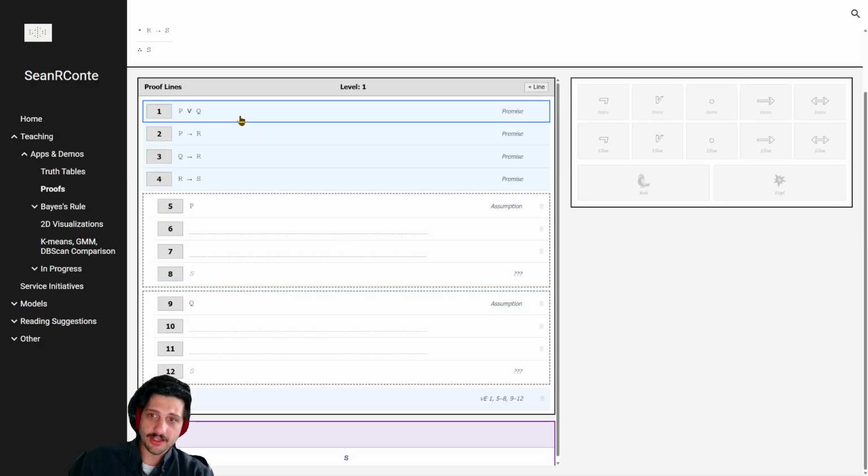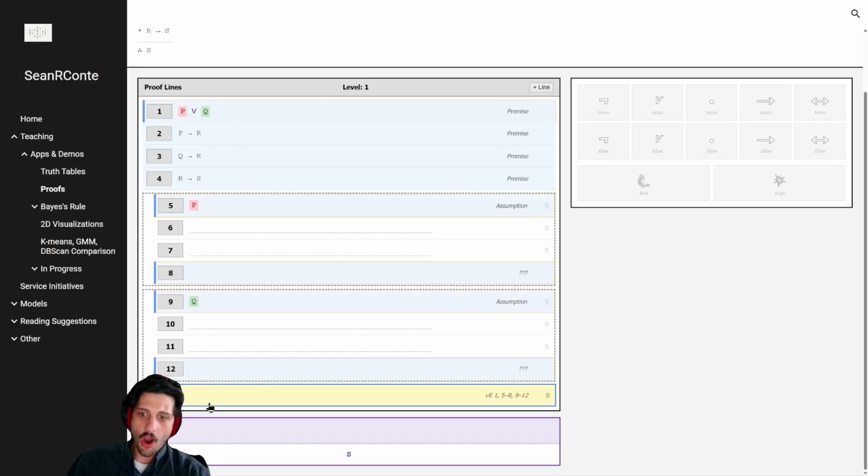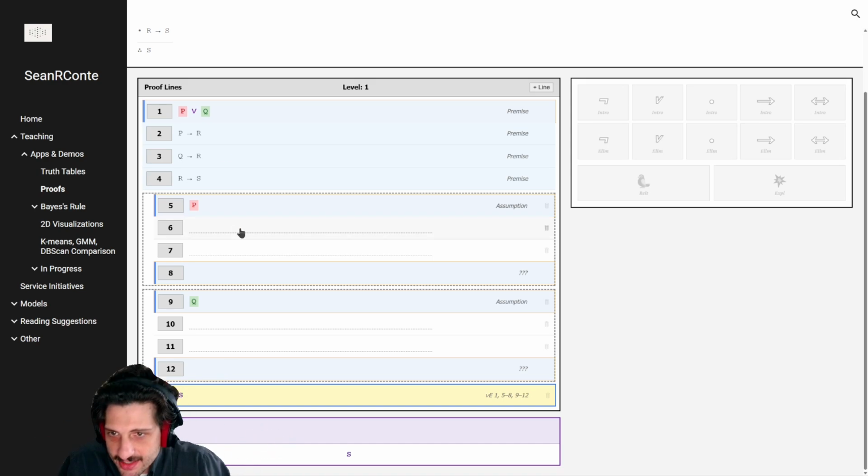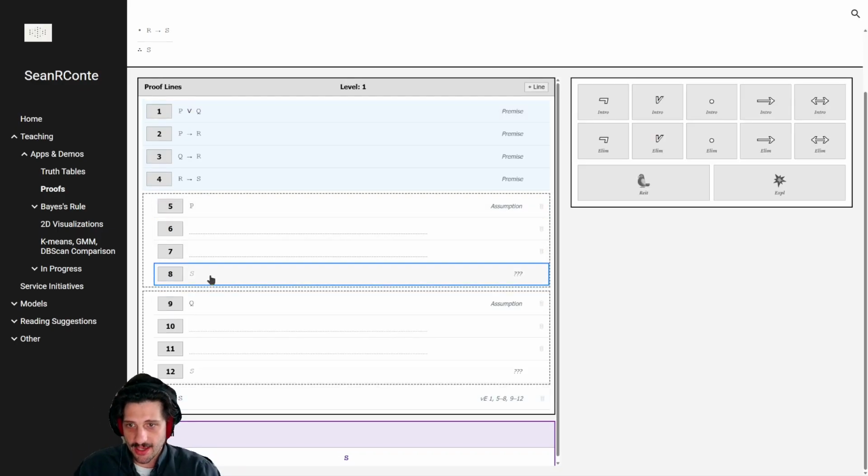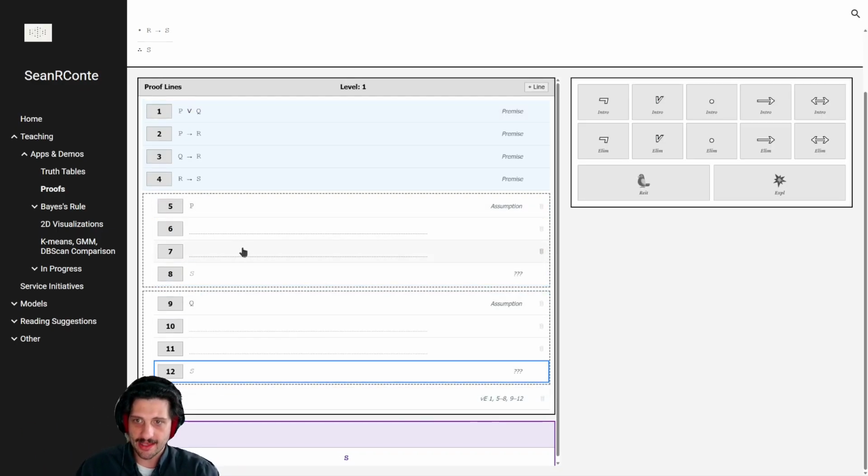But very often, if your premise is a disjunction, and there's no clear way for how you might use that with another statement, often what you should be thinking is, okay, how can I show that either side of this disjunction is really going to get me to my goal? So in this case, I just need to show how P will get me to S, and then I'll show how Q gets me to S, and then I'm done.